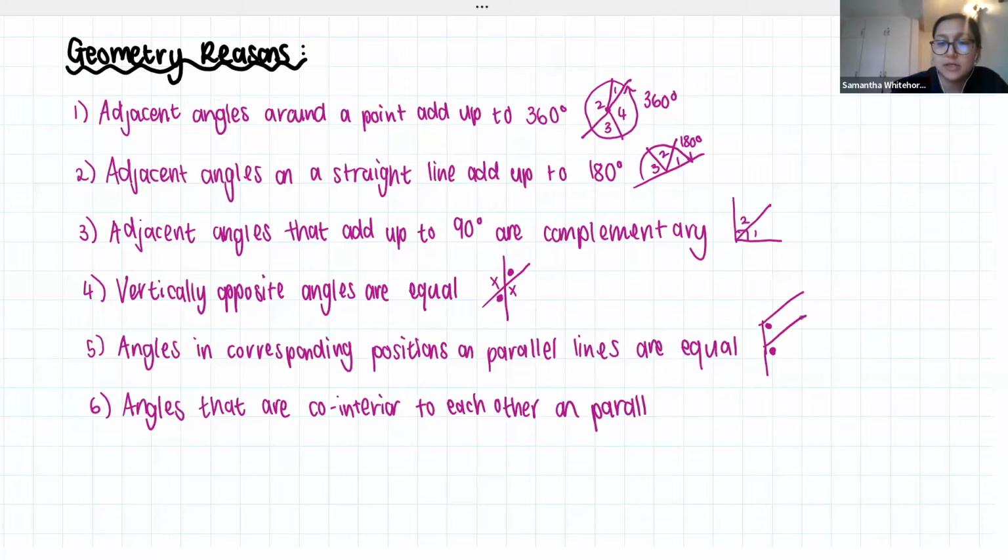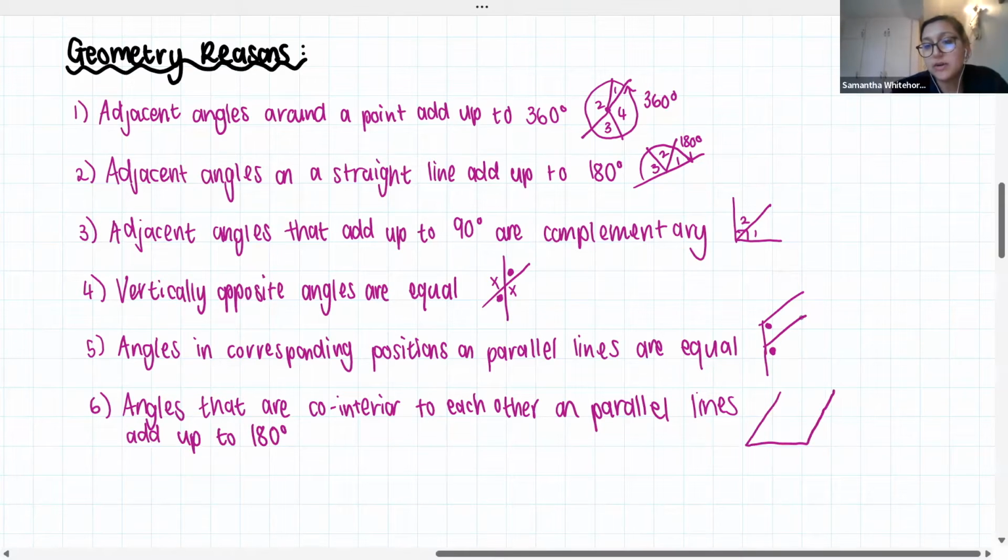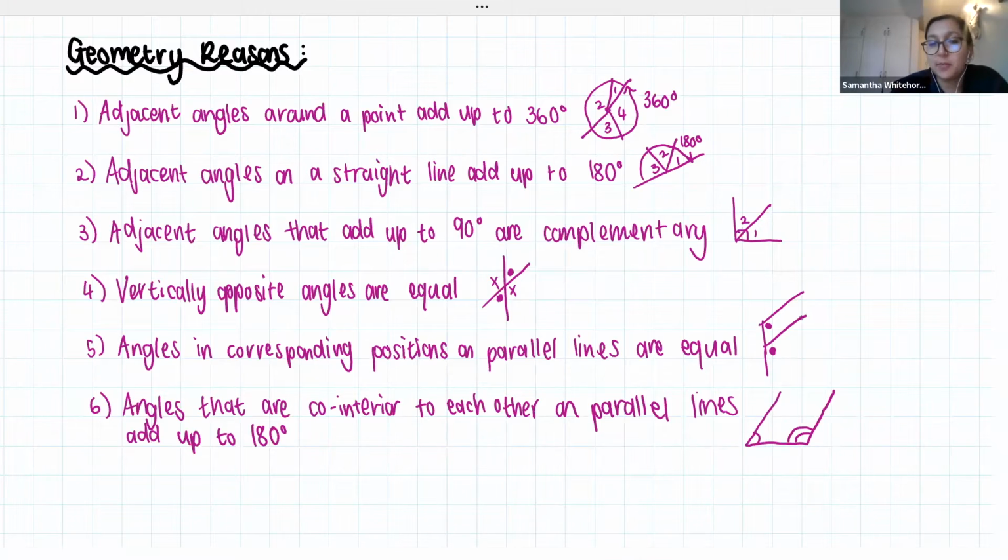I said 360 degrees at first, I meant 180, sorry. So I'm just going to say the co-interior one again. Angles that are co-interior to each other add up to 180. Co-interior is the U shape. They're not equal, but when we add them up, we get 180 degrees.